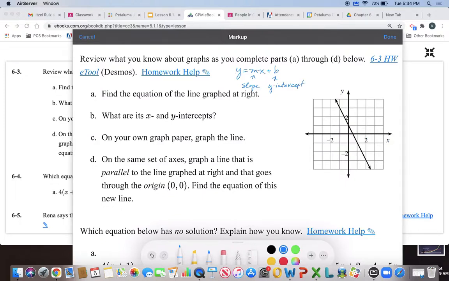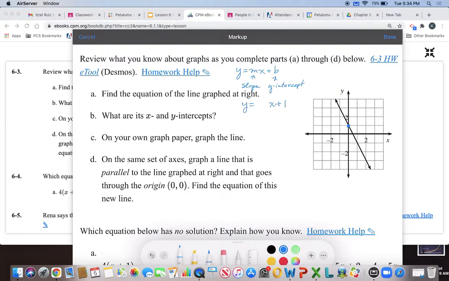Okay, so if we're looking at this line, we see that it crosses the y-axis right here, and so this is actually 1 on the y-axis. So we know that b is going to be 1. So we can start writing the equation. Y equals, and we don't know what the slope is yet, so I'll leave a space there, but I'll put in x plus, and we know that b is 1. So I'll put that in.